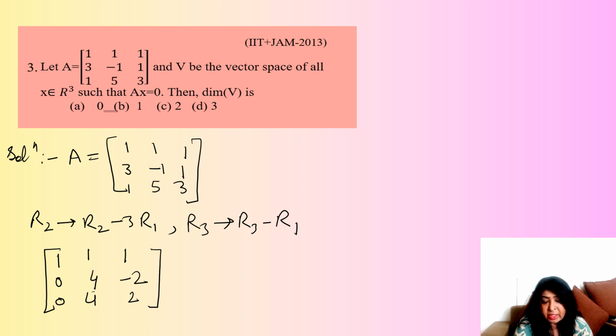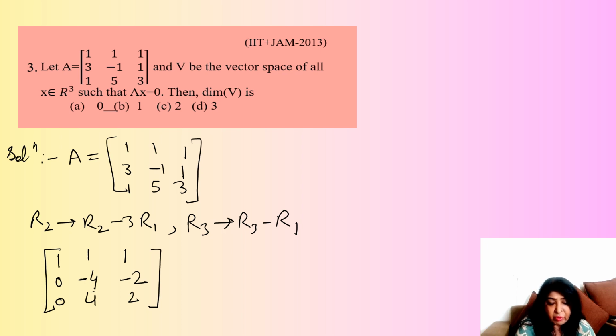For second row, you have 1 minus 3 times 1, so 1 minus 3 is minus 2. Okay, it's correct. And this you have 1 minus 1 minus 3 times this. So here it will be minus 4. So some correction is there.